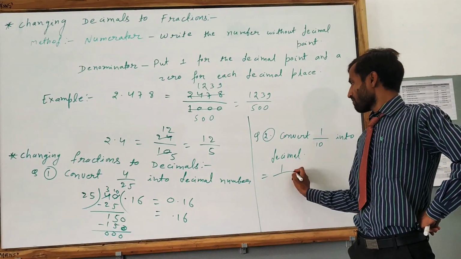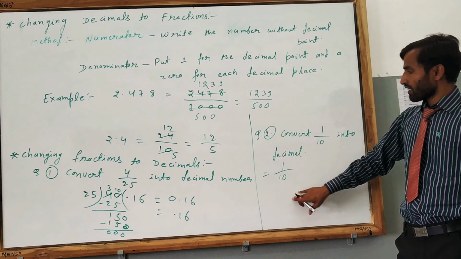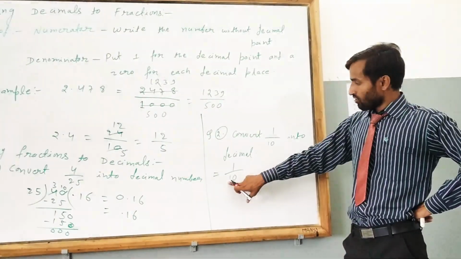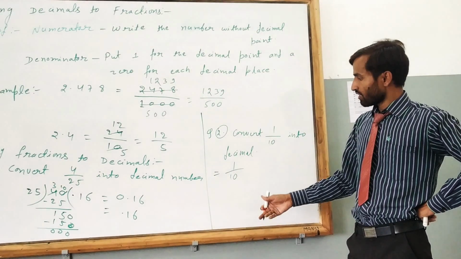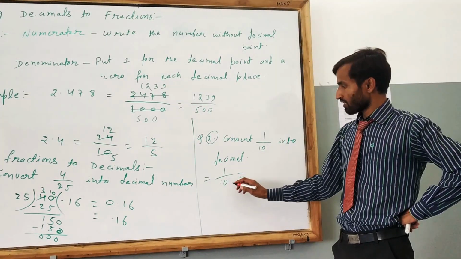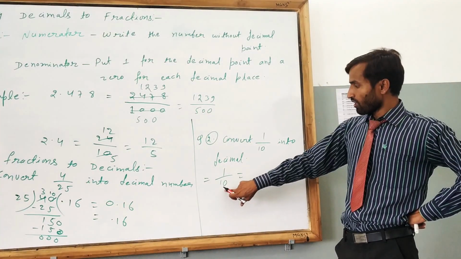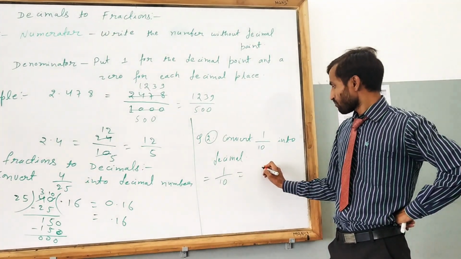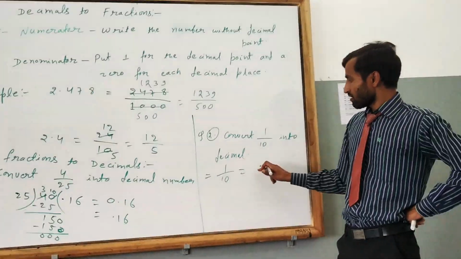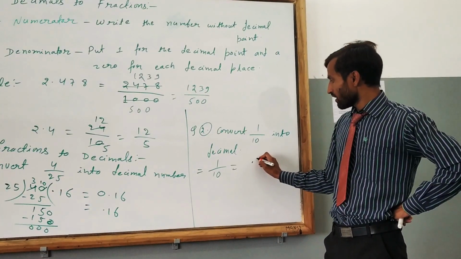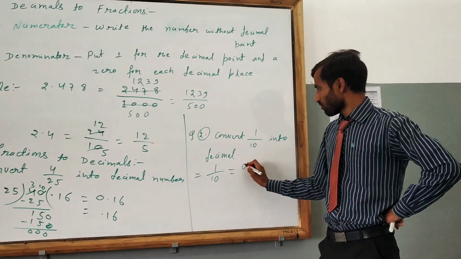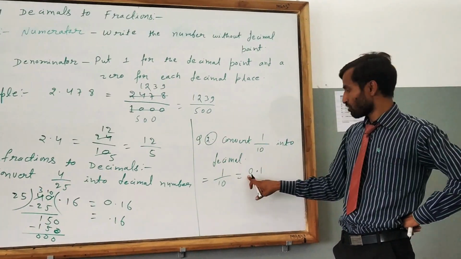If the numerator is any number and the denominator is 10, 100, 1000 or 10,000 and so on, then you can write the answer directly. Here 10 has one 0, so after the decimal there will be 1 digit, and since there are no digits before it, put 0 first: 0.1.